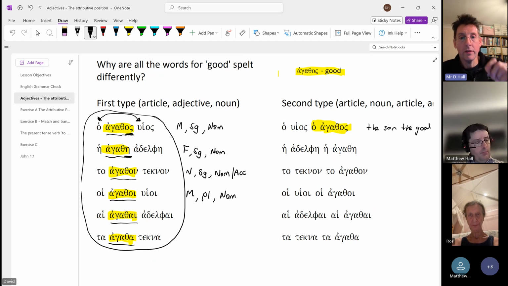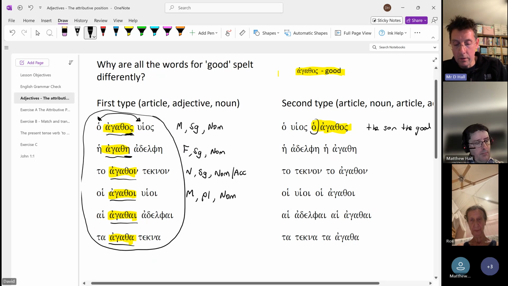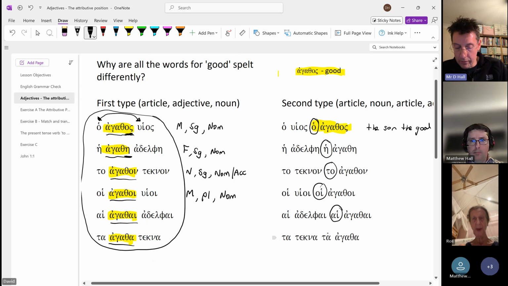And it's really important that we pick up here that it must have the article. It needs to have an article, and it obviously needs to agree as well, in exactly the same way as we've been talking about. So I've just circled all of the articles that go with each of the adjectives which I've just been describing.